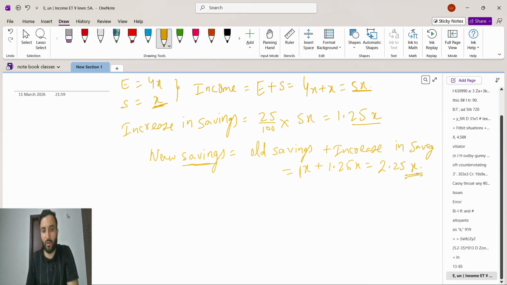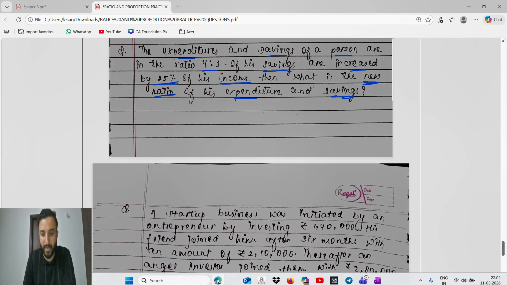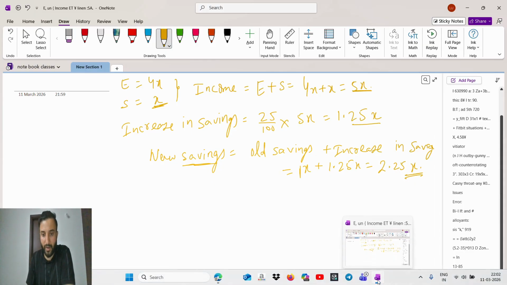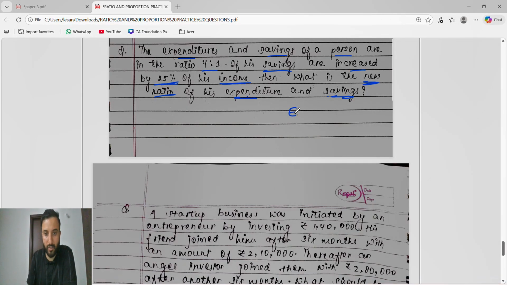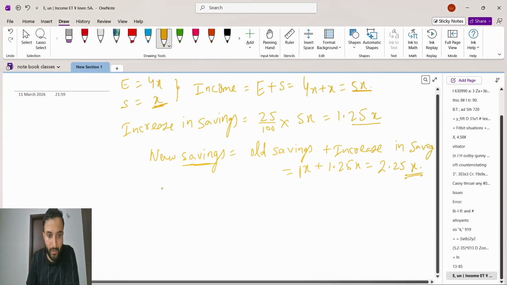New saving is 2.25x. Okay, till here we did whatever is given in the question. Then what is the new ratio of expenditure and saving? We have to find the new ratio, new expenditure divided by new saving. New saving we got to know. Now we have to find new expenditure.